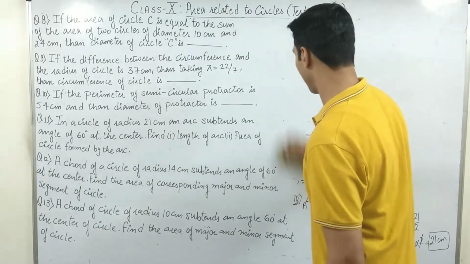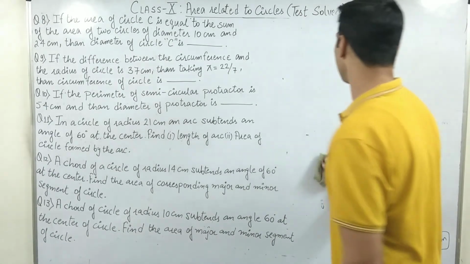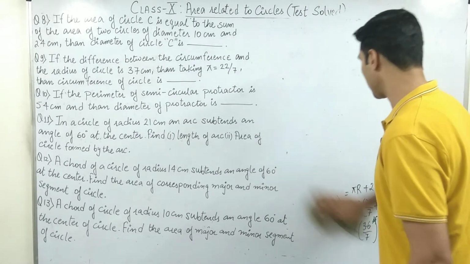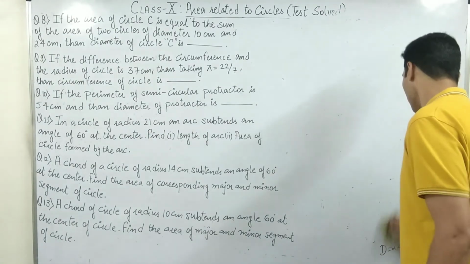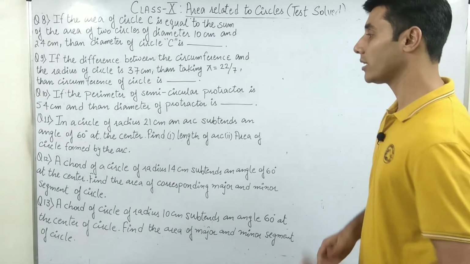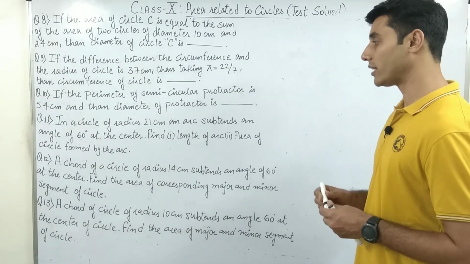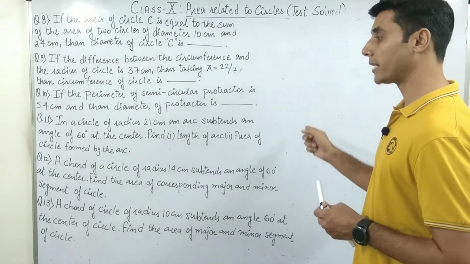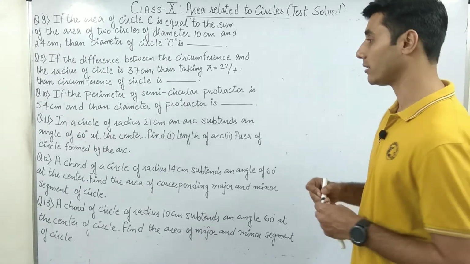So what is over there in question number 11? In question number 11 it simply says, in a circle of radius 21 centimeter, an arc subtends an angle of 60 degrees at the center. So let's see.